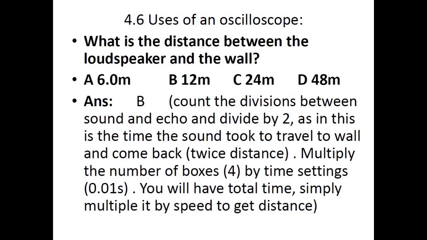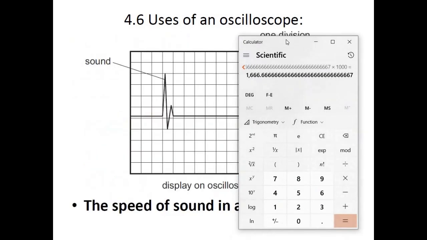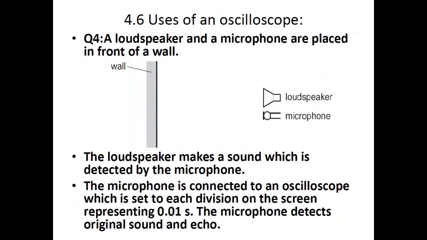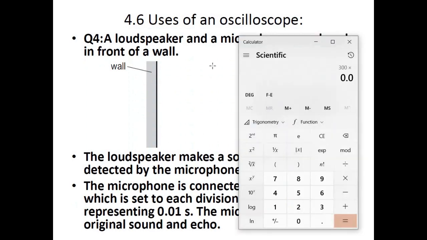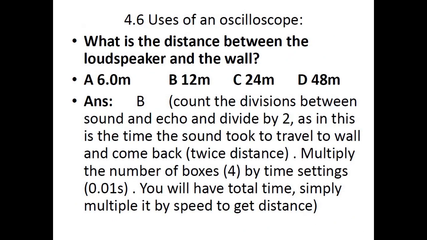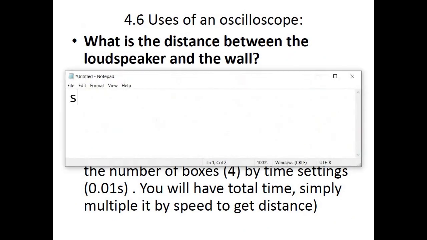So how do we find that? Simply apply the formula: speed equals 2d upon time. So speed is 300, multiplied by time, that is 8 divisions, and 1 division is 0.01, so 0.08. Since we use 2d in the formula, we'll divide by 2 and the answer would be 12, B. If you are confused, I'll write the formula for you.